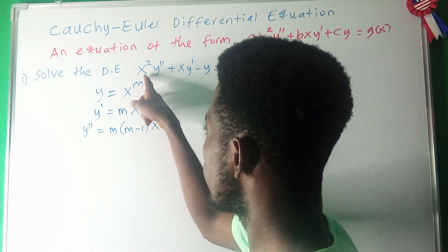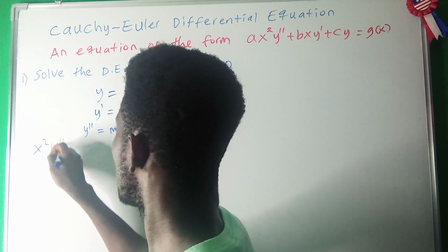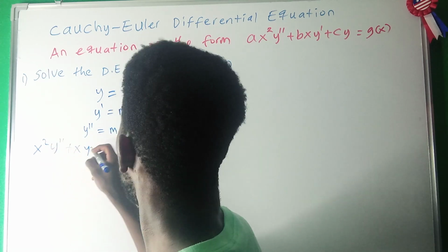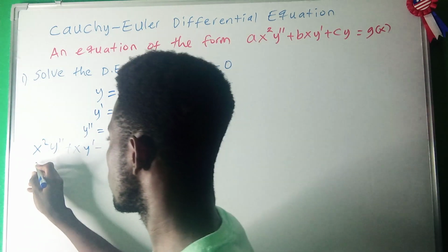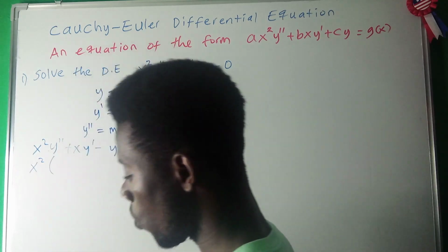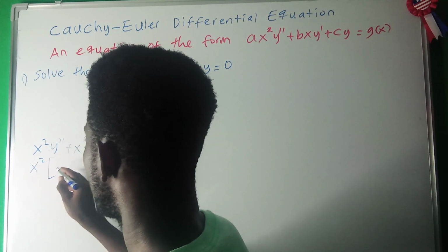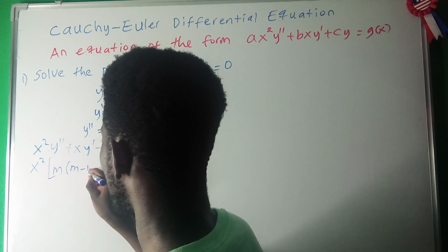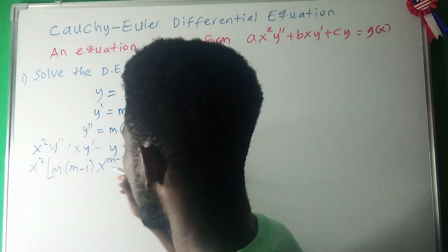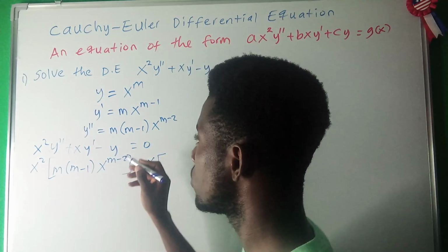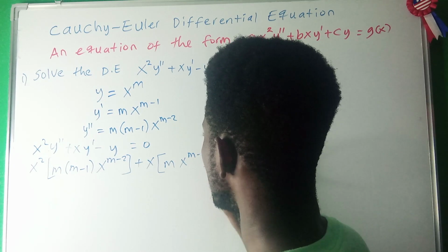So in this case, the differential equation is x squared y prime prime plus x y prime minus y is equal to 0. So x squared remains as it is. And then ask ourselves, what is y prime prime? It's m times m minus 1 x to the power m minus 2, so we use brackets here. Plus x multiplied by the first derivative, m x to the power m minus 1, minus y.